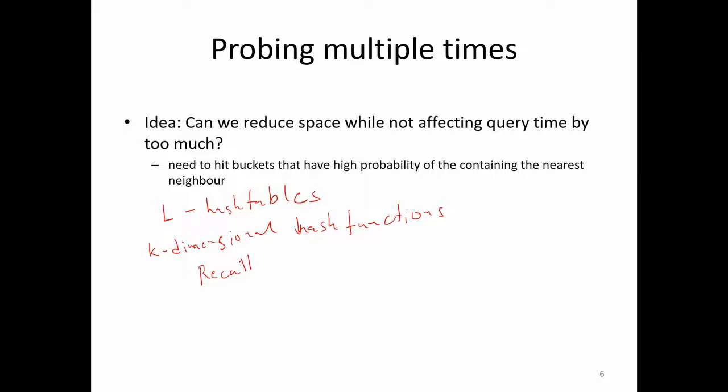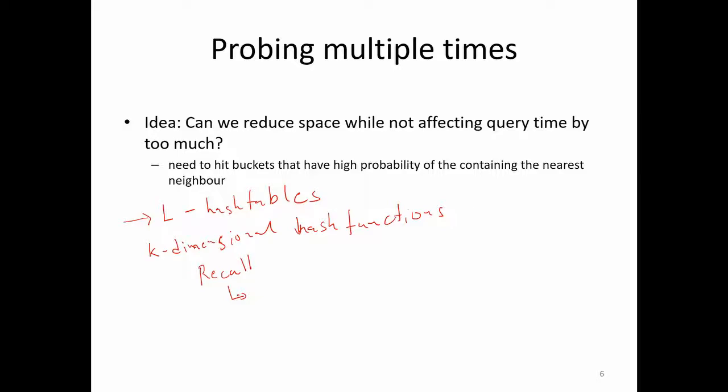We know this. And why do we need these L many hash tables? If you recall, as L increases, your recall also increases. So the number of retrieved points also increases.